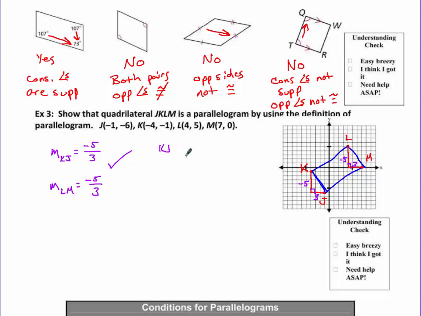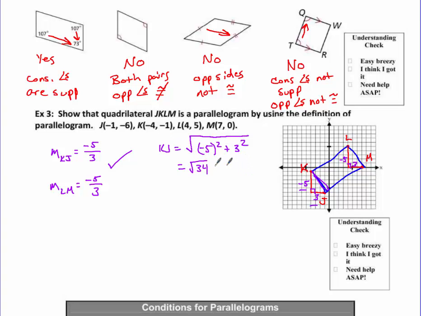So for KJ, we're going to say that KJ is equal to, and this may be different for you, but it's good to practice. When you do the Pythagorean theorem, we're going to do this squared plus this squared equals this squared, and then we're going to take the square root. So we'll just take the square root first, and then do -5 squared plus 3 squared. Type that all in your calculator if you want, or you can just do -5 squared is 25 plus 9, it's the square root of 34.